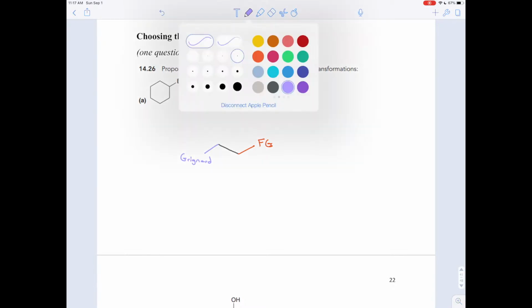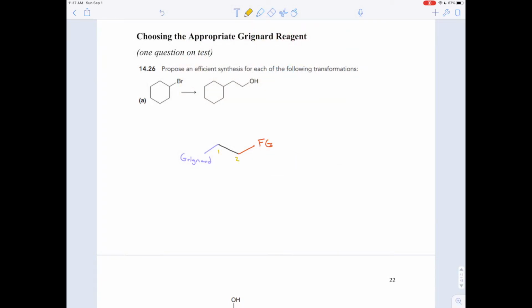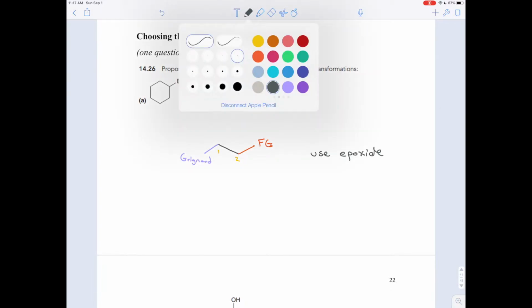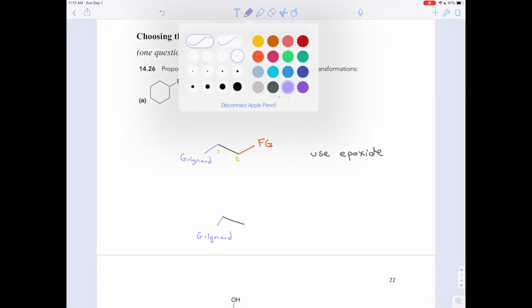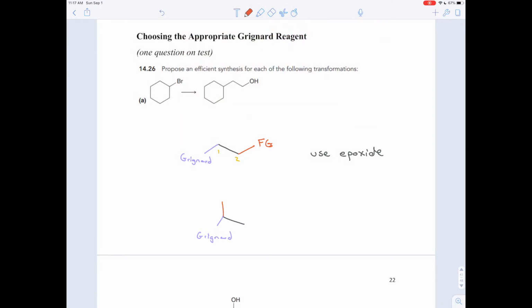If the functional group is 2 carbons away, so 1 and 2, then the way you can make that is by using an epoxide. If, on the other hand, the carbon from your Grignard reagent and the functional group are attached to the same carbon, then you would want to use an aldehyde.